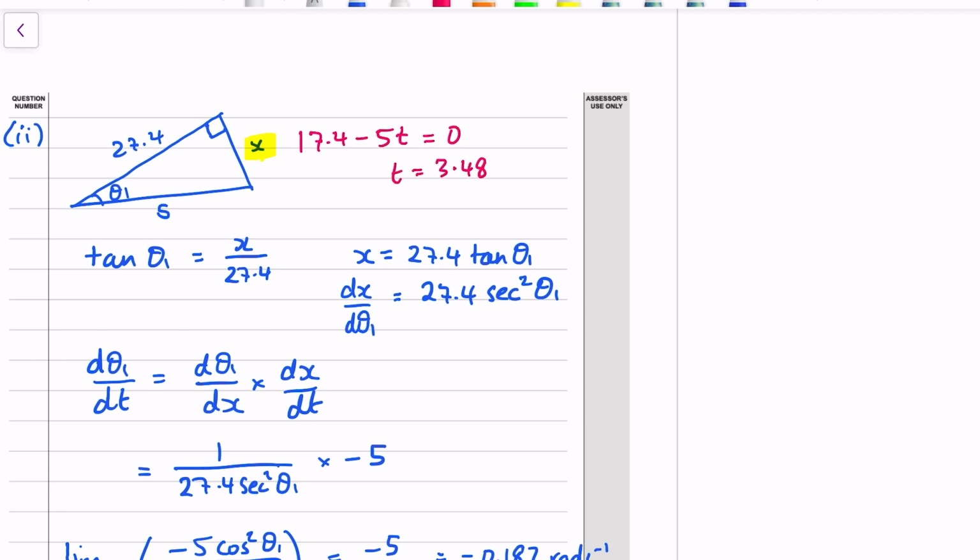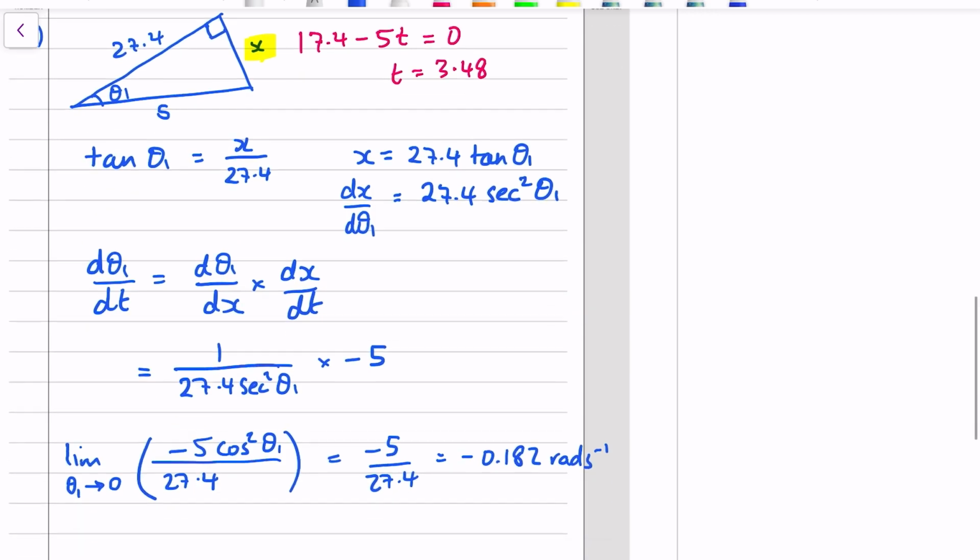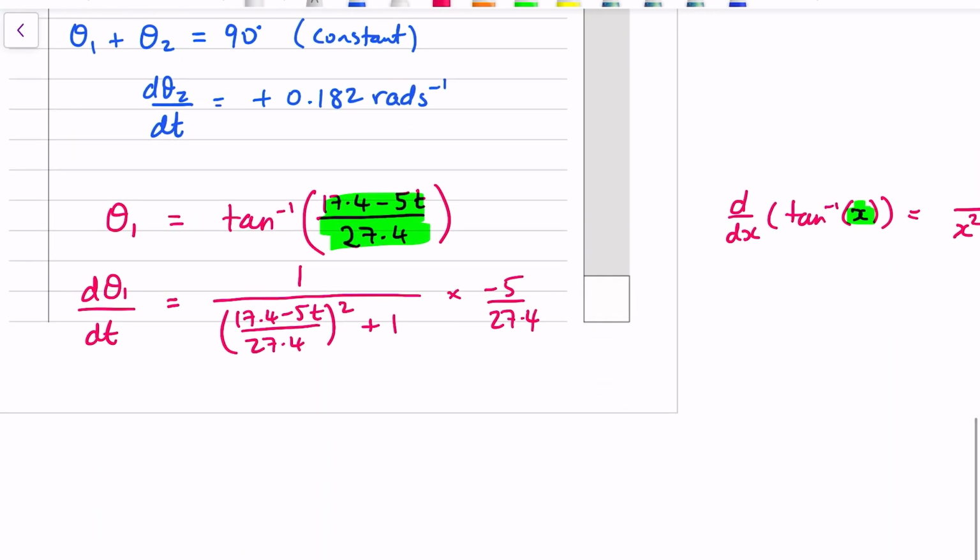That's the value of t that I need to consider in its limit now. So the limit as t goes to 3.48 of d theta 1 over dt, well, this whole dude here will go to 0, and then we've just got minus 5 over 27.4. The same answer as we had before.